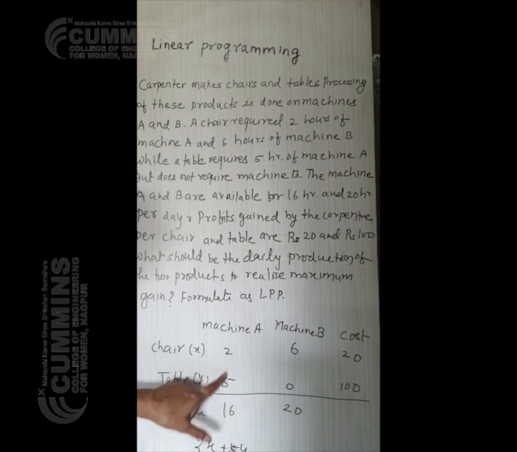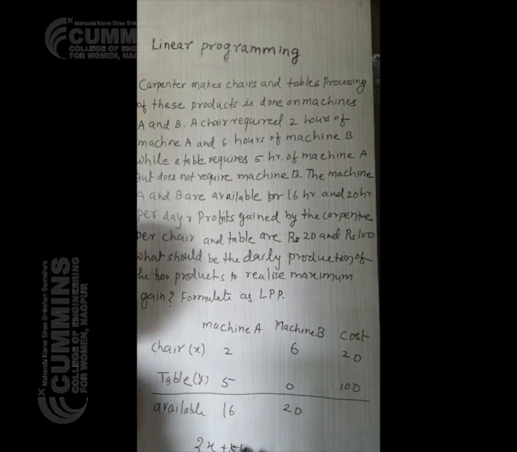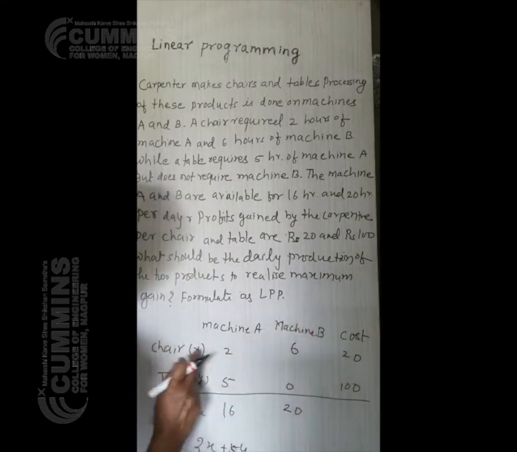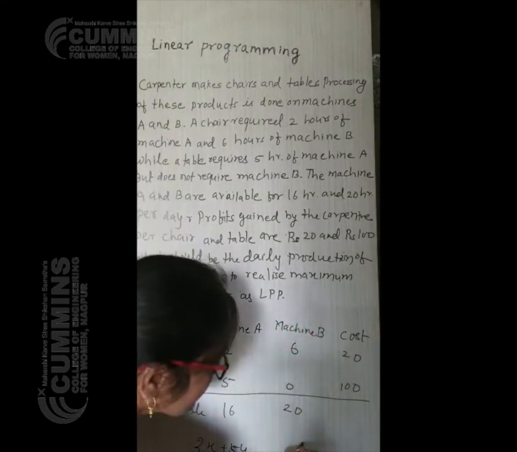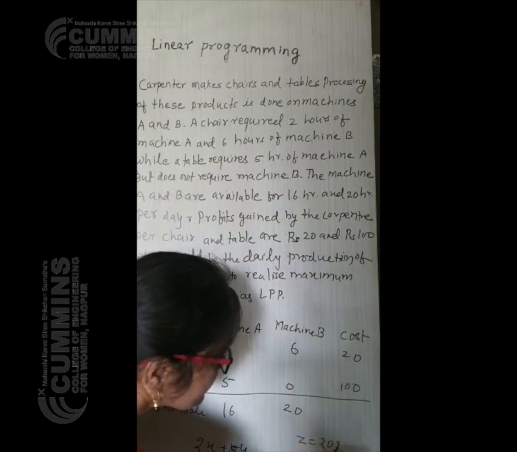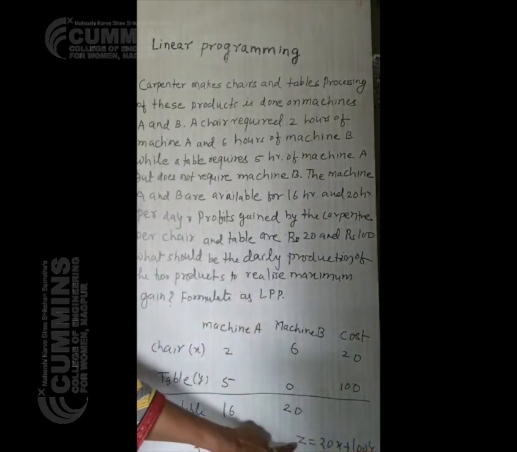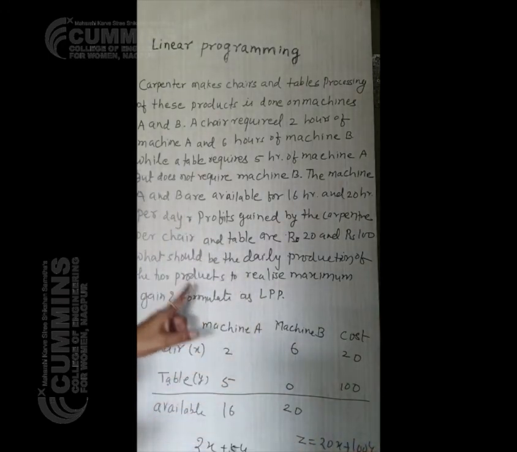So 2x plus 5y is less than or equal to 16, while 6x is less than or equal to 20. These are the constraints. The profit from one chair is 20, so 20x, and profit Z is equal to 20x plus 100y. We have to maximize the profit, to get maximum gain.